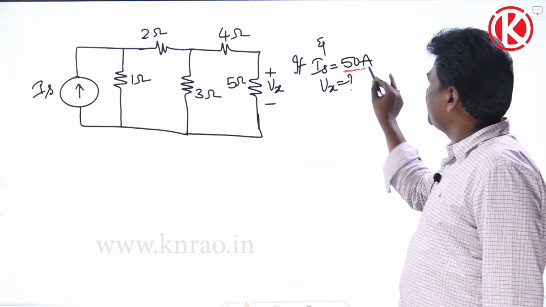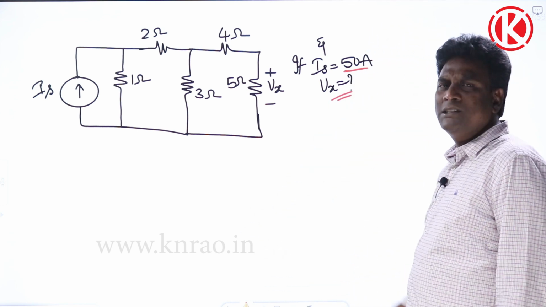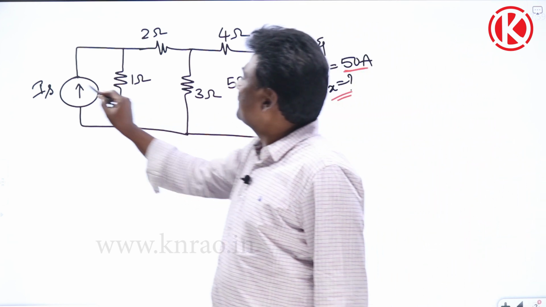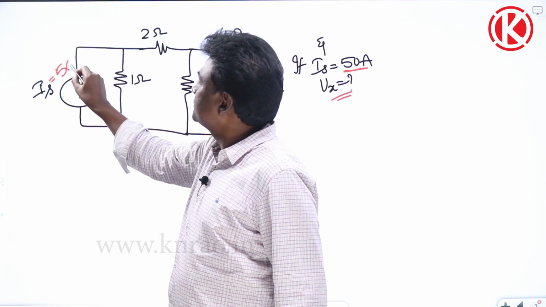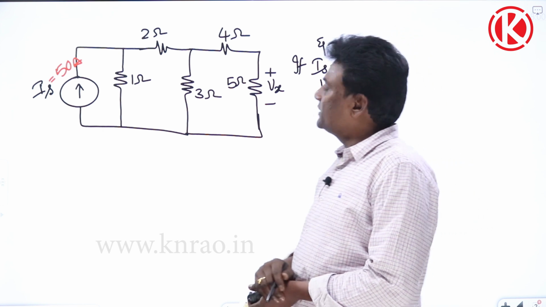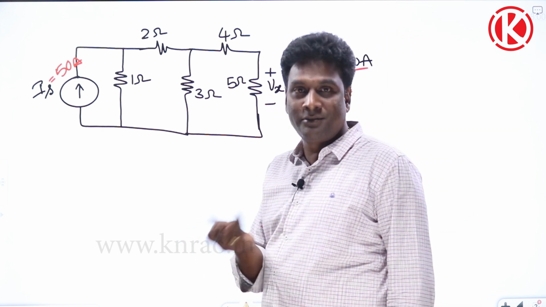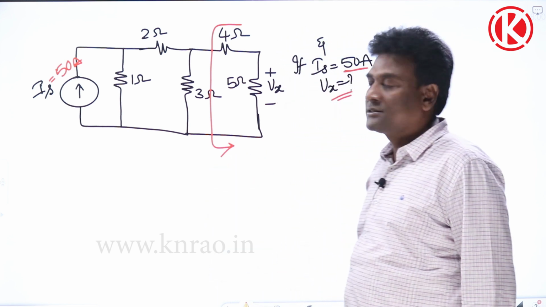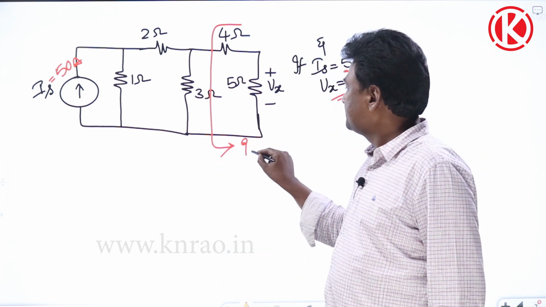If Is equal to 50 amperes, Vx equal to how much? We have to keep on continue applying current division rule. Now let us do one thing, current division rule or resistance recombinations. Across this, how much is the total resistance? 5 plus 4, 9.